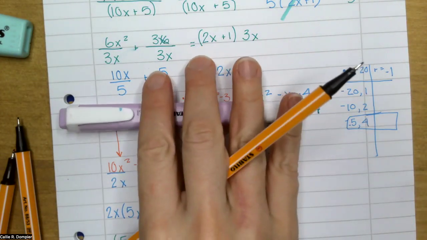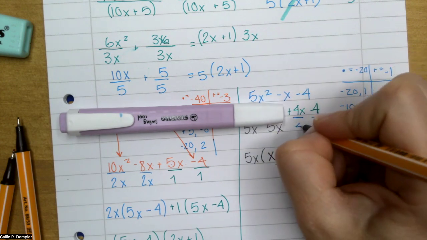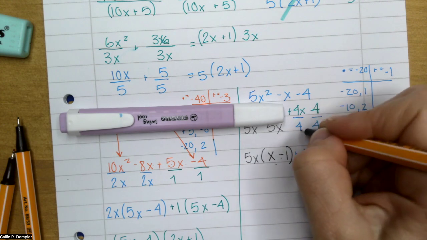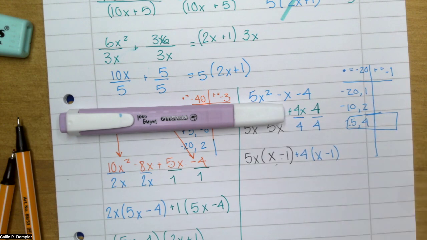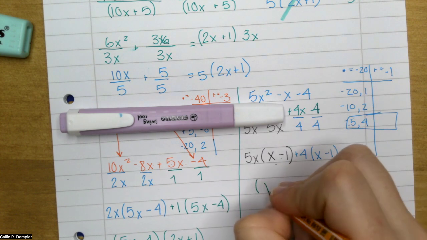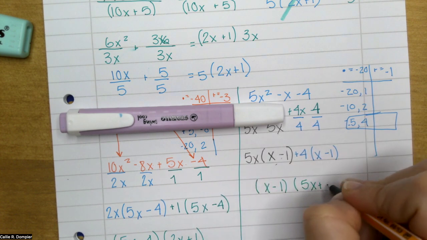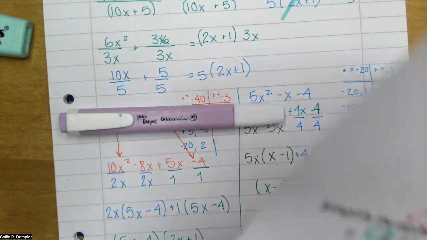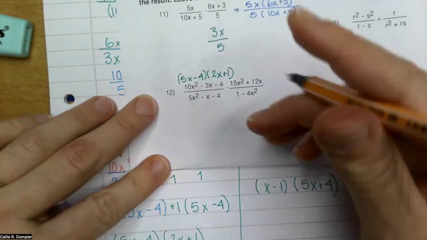Over here, I have positive 4x minus 4. I'm going to divide them both by 4. 4x divided by 4 is just x. Negative 4 divided by 4 is a negative 1. So here I have x minus 1 times the quantity 5x plus 4. So I've factored the top and bottom of that first fraction.